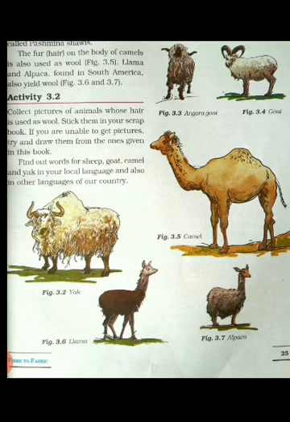The different breeds of the animals are Angora goat, Kashmiri goat, llama and alpaca, which are camels, and Angora rabbit, sheep and yak. They give us wool. If you have seen these pictures, the animals have a heavy, thick coat of fur on their body.